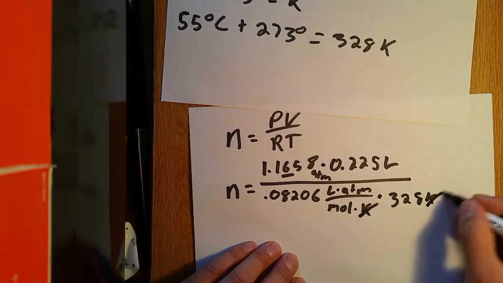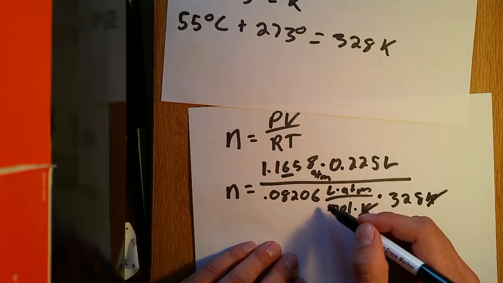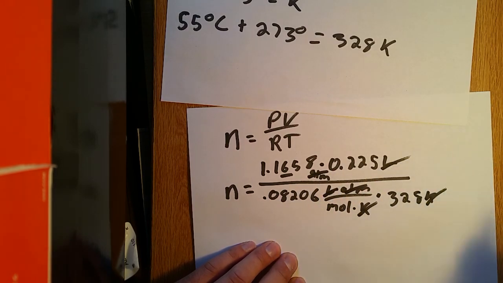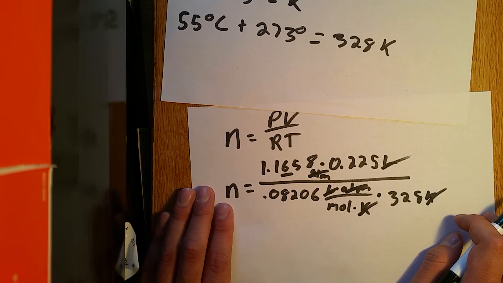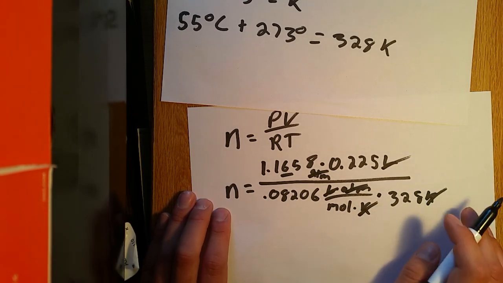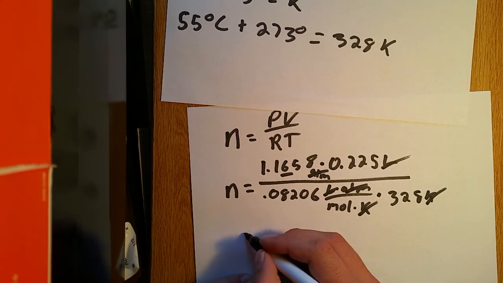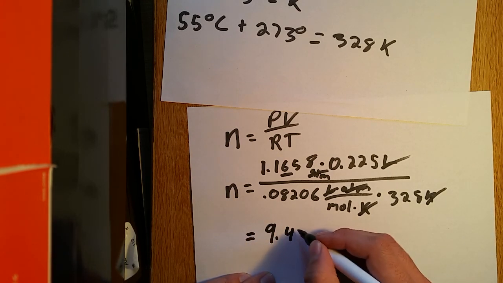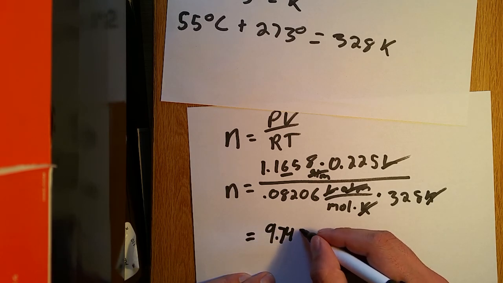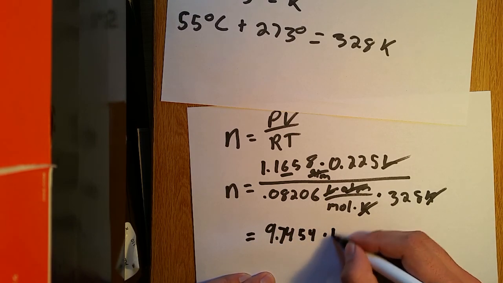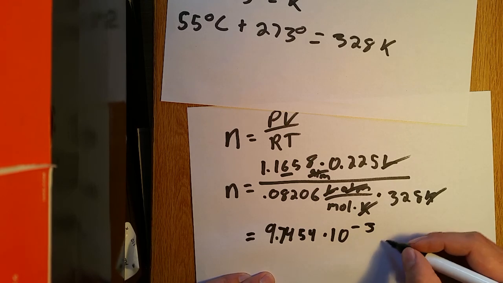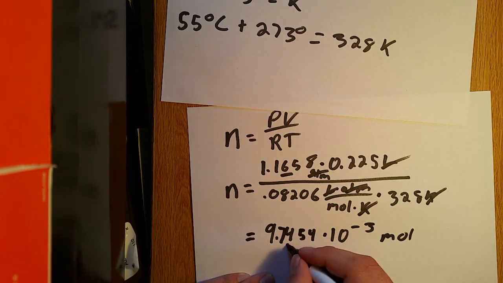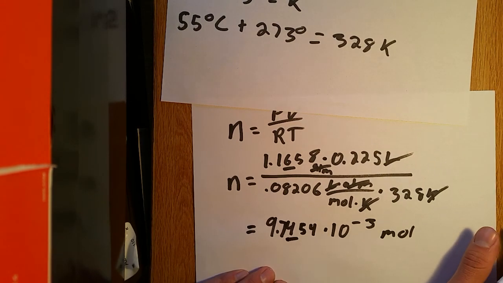So our kelvins cancel, our atmospheres cancel, and our liters cancel, and the moles flip up. What you're left with is 9.7454 times 10 to the negative third moles, and we keep track of our sig figs.